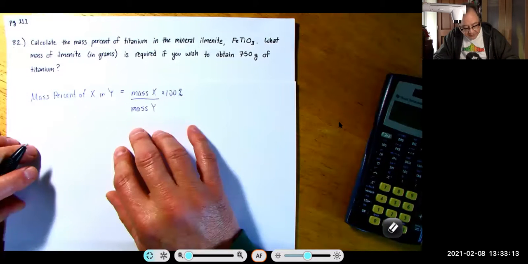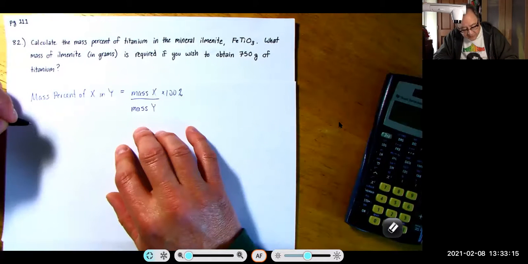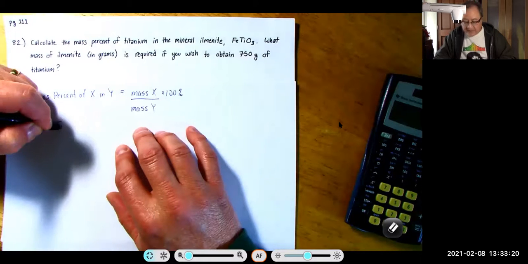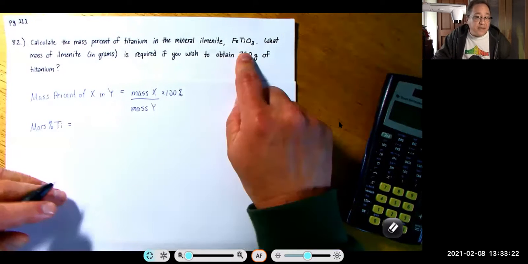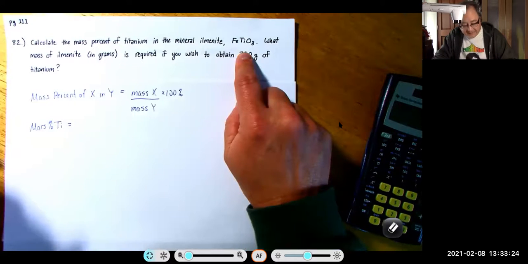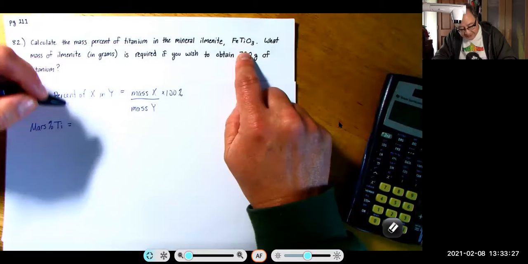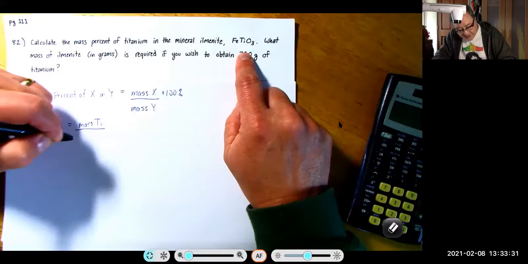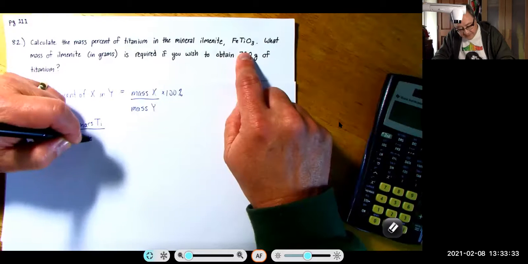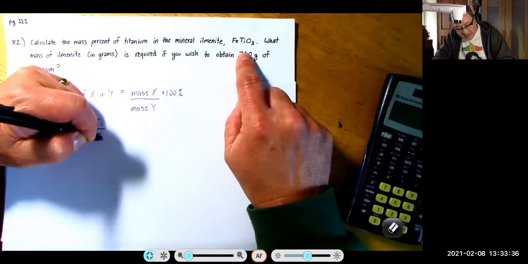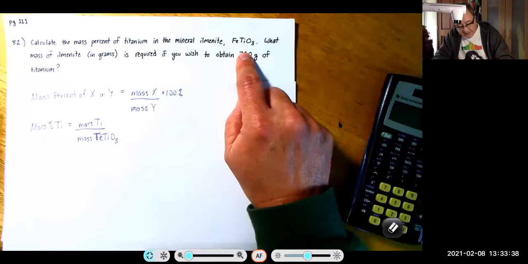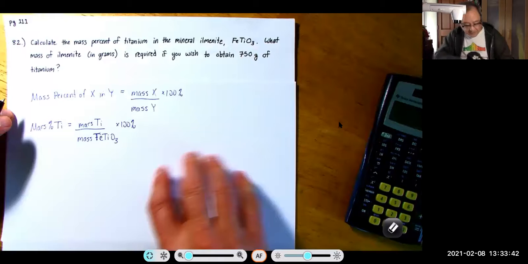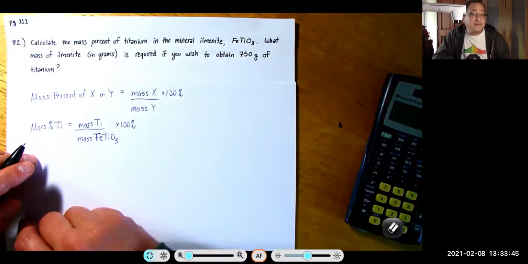So in this particular case, the mass percent titanium in ilmenite would be the mass of titanium over the mass of ilmenite, which is FeTiO3, and then times 100%.